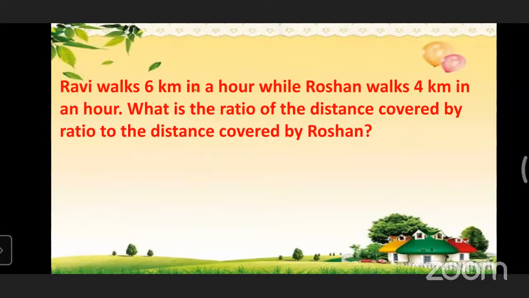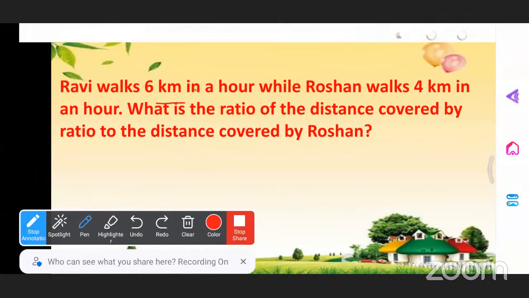Anyone read the question, ma? Ma'am, I can read. Super, Kana. Read. Ravi walks 6 kilometers in an hour while Roshan walks 4 kilometers in an hour.